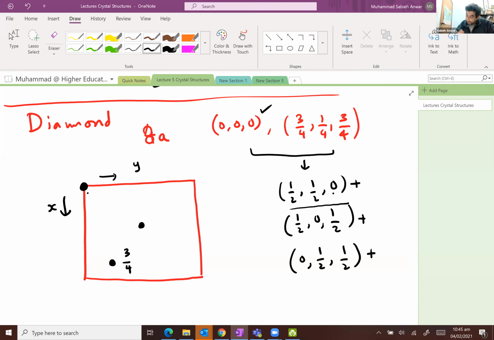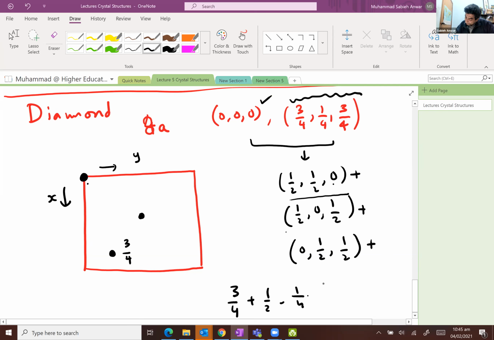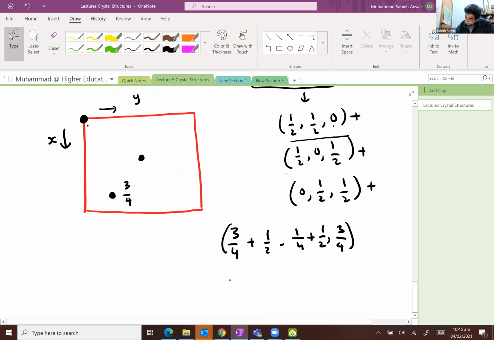Okay, so now if I were to take this point and add these coordinates, so 3 by 4 plus half, 1 by 4 plus half, and 3 by 4. This gives me 5 by 4, 3 by 4, and 3 by 4.